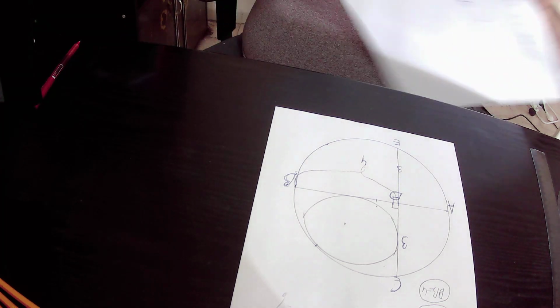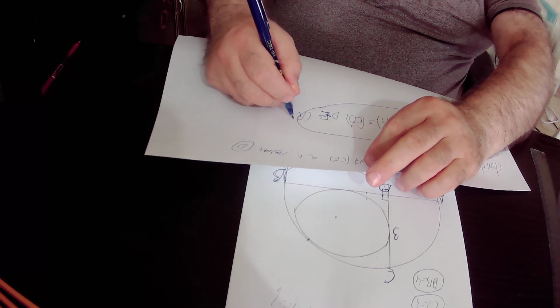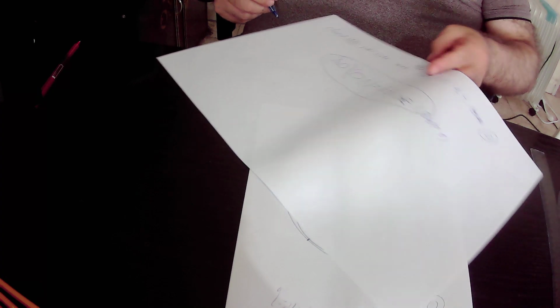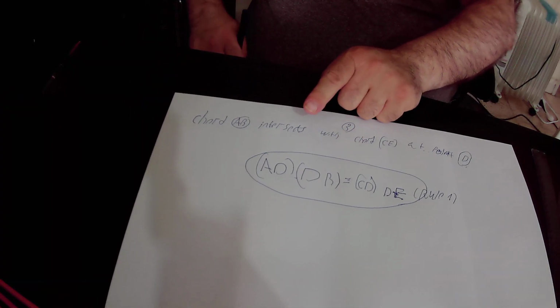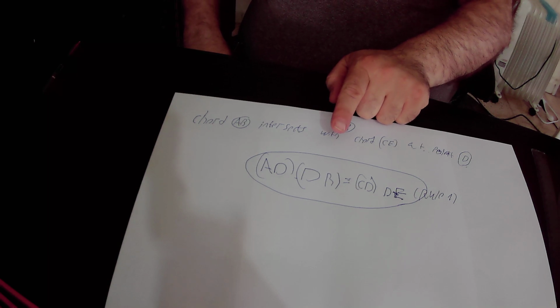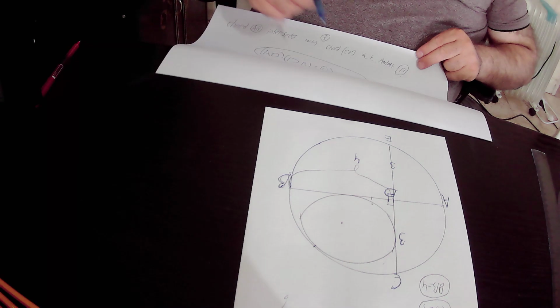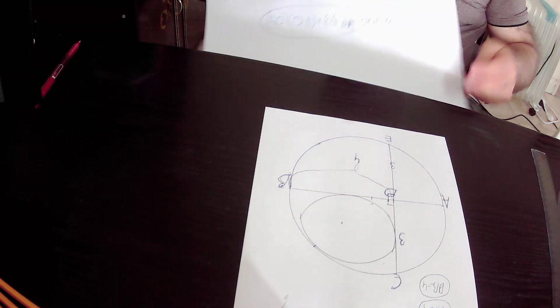I repeat again. According to rule number 1, in our specific drawing we have AD times DB must be equal to CD times DE. Okay.